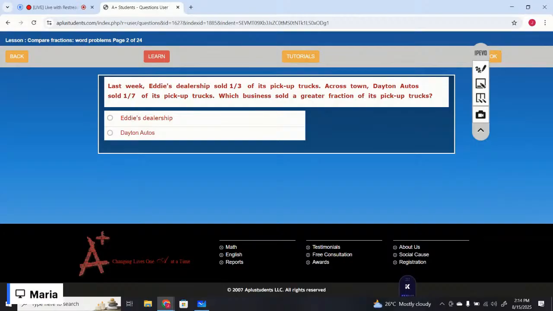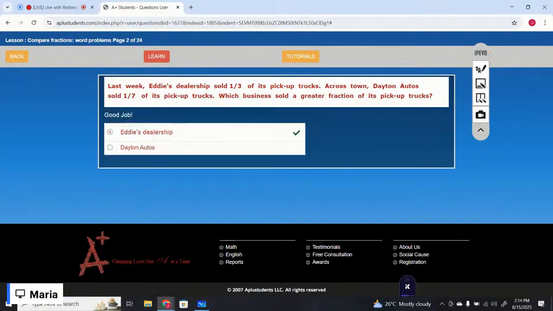So, which fraction is greater, 1/3 or 1/7? That is 1/3. So, Eddie's dealership is greater than Dayton. So, option number 1 is the correct option.